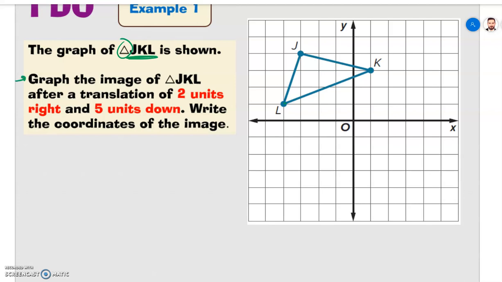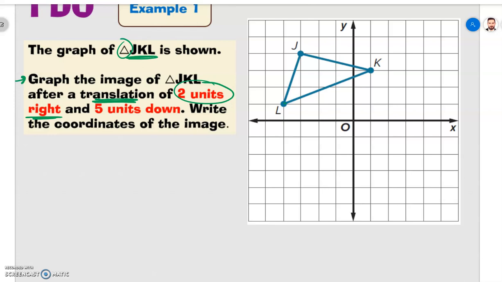Our question is: graph the image of the triangle JKL after a translation 2 units right. Translate means slide. So I will slide the figure 2 units right and 5 units down, and write the coordinates of the new image.